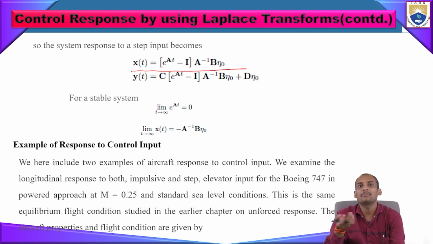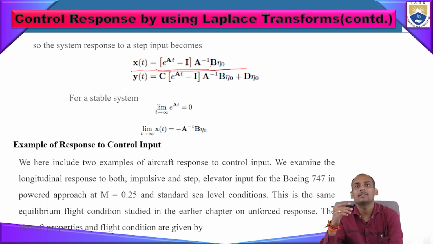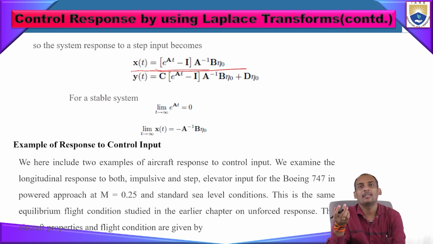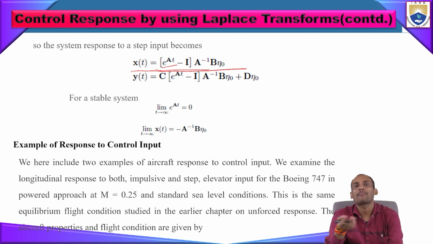For a stable system, as t tends to infinity, e power At goes to 0 only. So the limit of x of t as t tends to infinity will be minus A inverse into B eta naught, because e power At is 0 and I is 1.